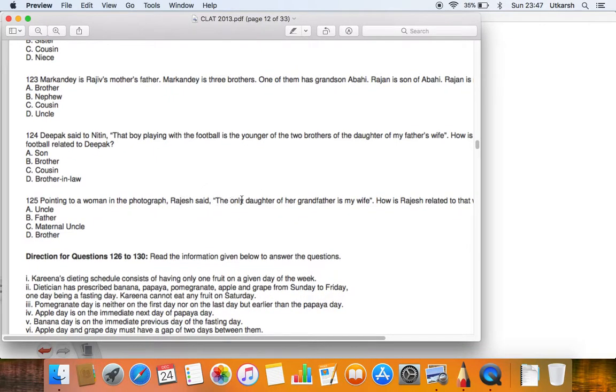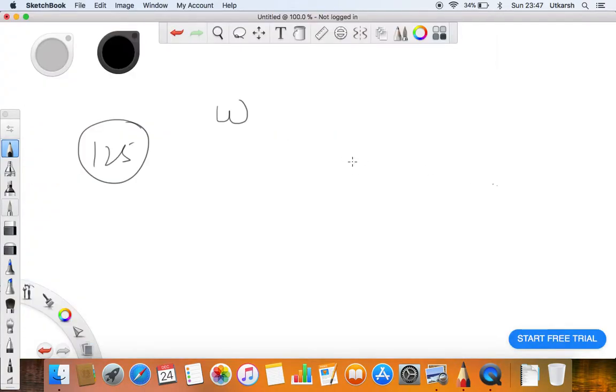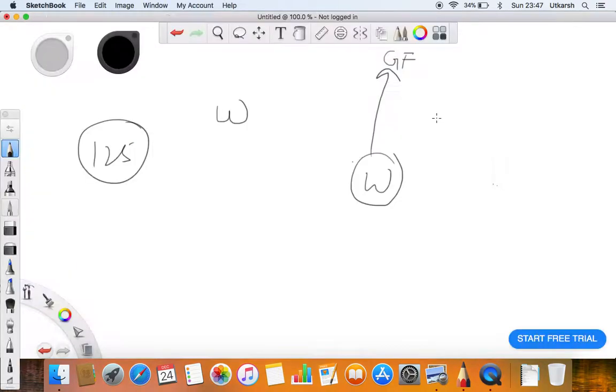In the photo, Rajesh says, the only daughter of her grandfather is my wife. So let the woman be W, and her grandfather be GF. The only daughter of her grandfather is my wife.